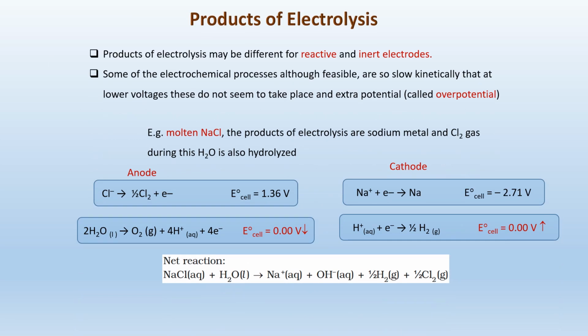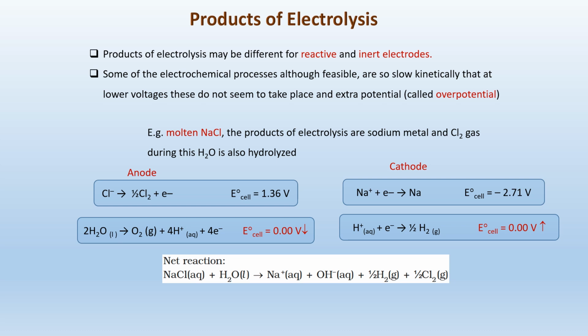Product of electrolysis. If you run a chemical reaction in an electrolytic cell, you can expect a different product other than your product of interest. Take the example of electrolysis of NaCl. In the anode compartment, oxidation will take place; in the cathode compartment, reduction will take place.